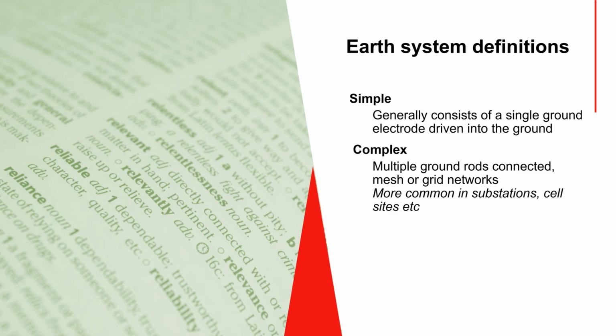The main thing to remember here is that for testing, these things are pretty much all the same. If you have a large grid, quarter acre or whatever, you really don't need some kind of specialized tester to deal with that. A standard ground tester will test that. The big difference between simple and complex grounds as far as testing them has to do with procedure.